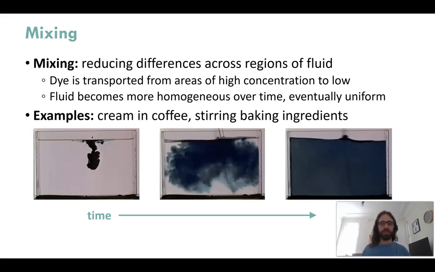Examples of this that you might have seen in your everyday life are, of course, stirring cream into coffee, or even, for granular and non-fluid mixtures, you can think about stirring in terms of things like baking. So it's all about a time process that is removing differences that you see across different spatial regions of a fluid.